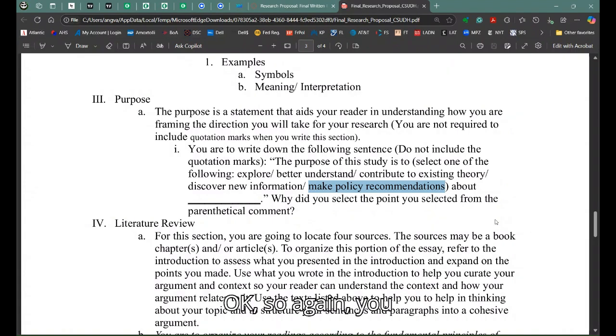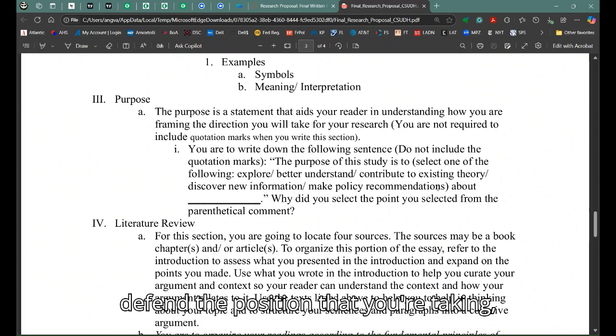Okay. So again, you need to make sure that despite whichever of the choices that you make, that you're able to justify and defend the position that you're taking, right?